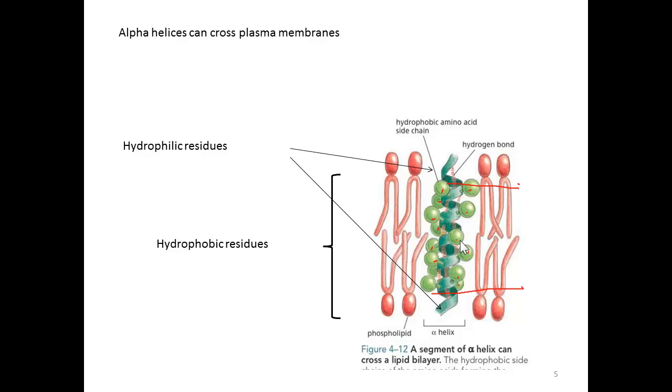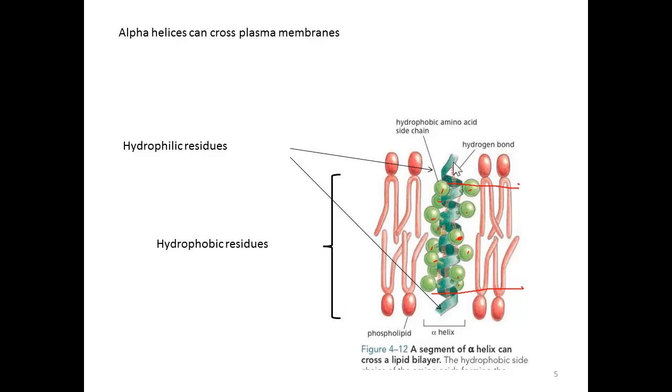You could not bury a charged amino acid in this portion of the alpha helix. So that means you can computationally identify regions of proteins that are likely to cross the membrane. Whenever you see 20 amino acids in a row that are hydrophobic, then you have a good hint that this is one possible folding structure it could take, and so you might guess that it's a membrane protein.